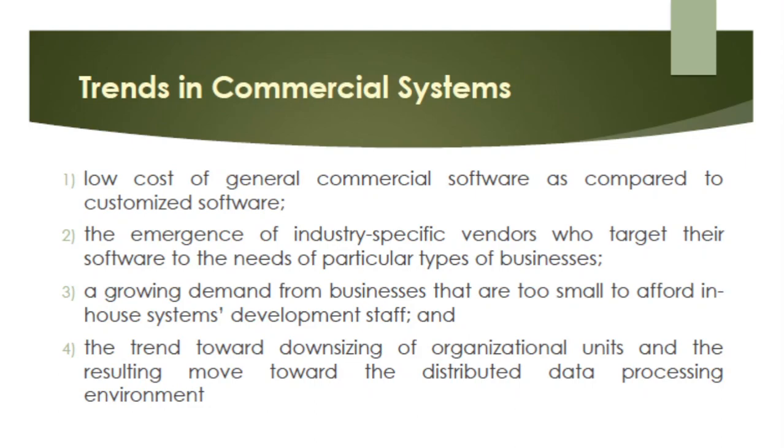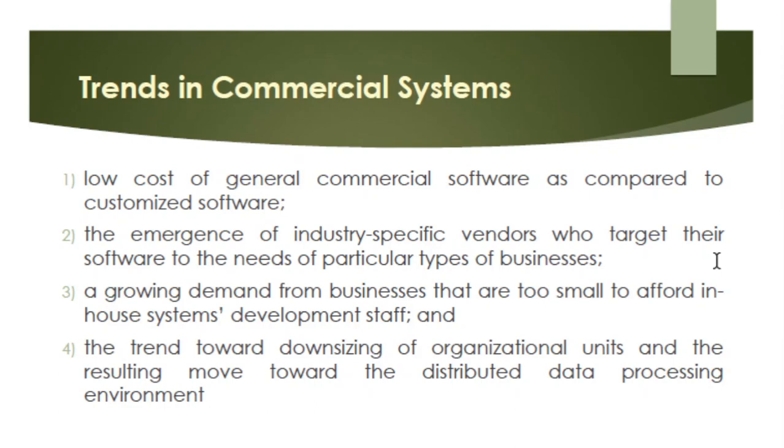Second is the emergence of industry-specific vendors who target their software to the needs of particular types of businesses. Third is a growing demand from businesses that are too small to afford in-house systems development staff.